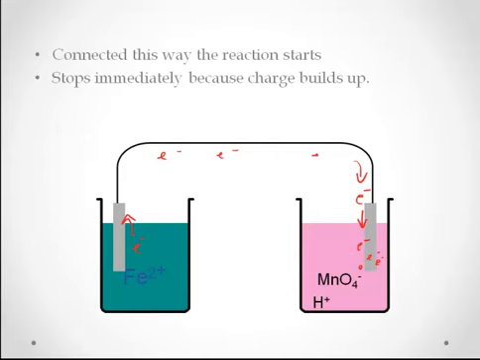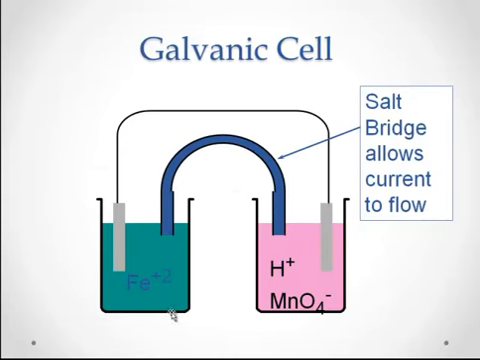So in a galvanic cell, what we do is we put what's known as a salt bridge, and the salt bridge allows ions to flow this way, and back this way, as the electrons are flowing. All right? And so we get this pathway for the electrons to flow.